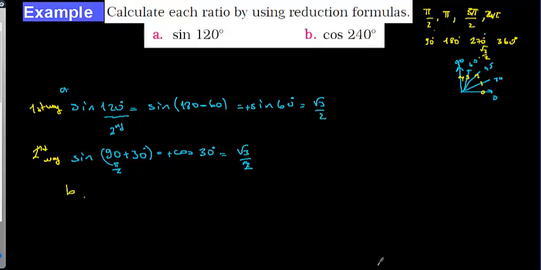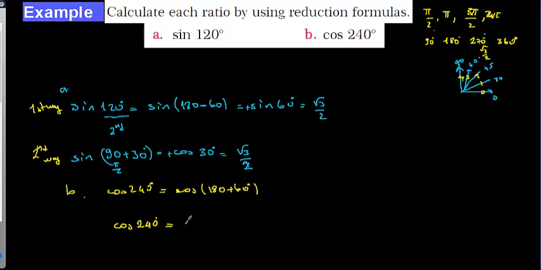Cosine 240 degree can be written as cosine of 180 plus 60.